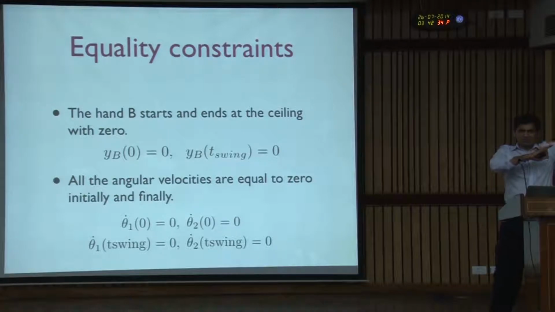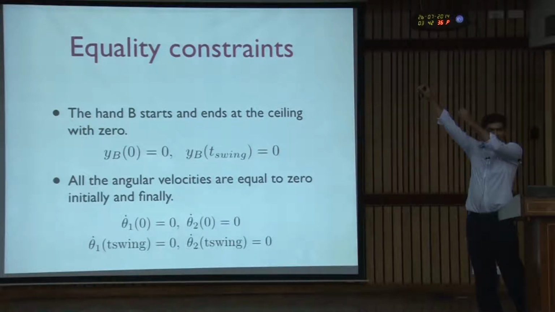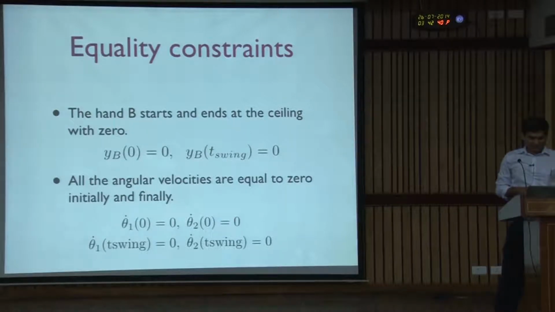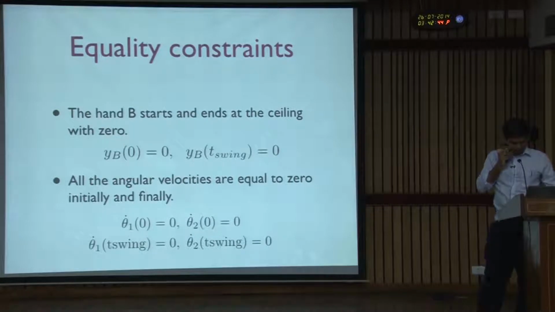In other words, you're starting from rest, and all the final angular velocities are 0. You're ending at rest. It sounds like maybe an inefficient thing to do, but it's just a problem for now. So you want to design torques for starting and ending at the ceiling with 0 velocity.